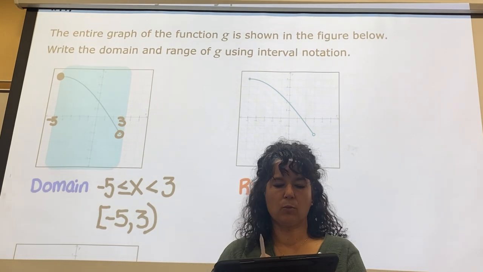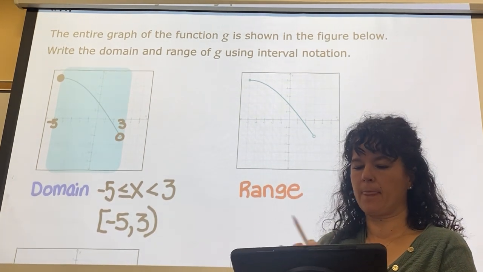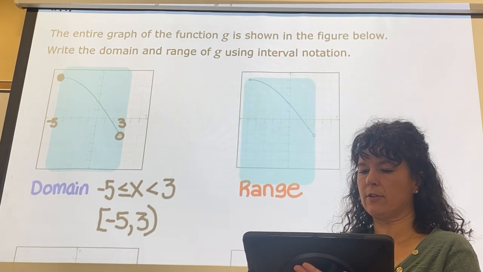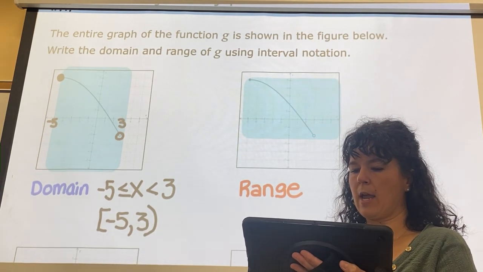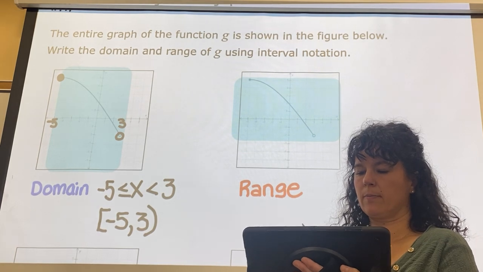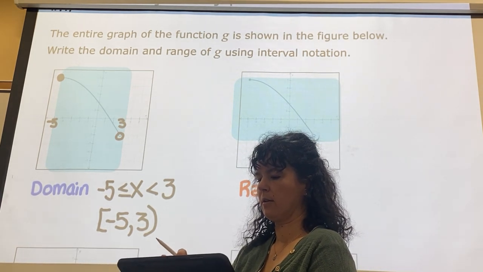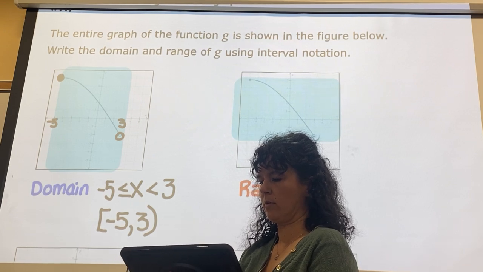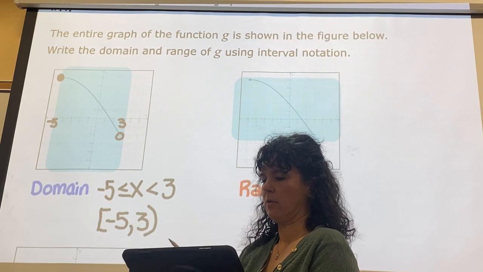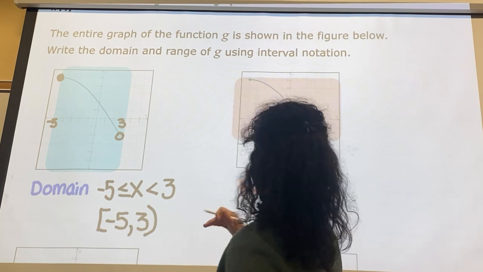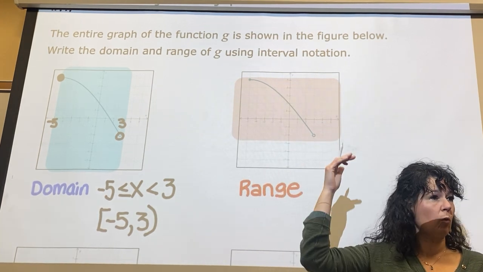Now, if I put this rectangle instead of going along the x-axis, and I try to emphasize what's going on the y-axis, all right, so when it's range, we're talking about the y-axis.